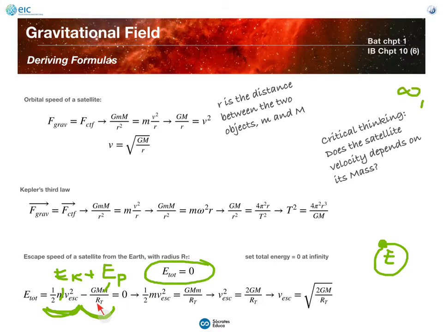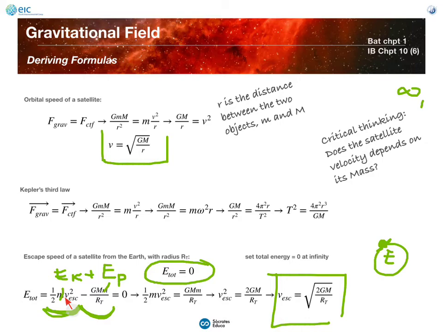The initial condition is when you're at the surface, so you need to use the radius of the Earth. And the escape speed is the one that Houston needs to provide for the satellite to take off and run away. Okay? Right, so escape speed, orbital speed.